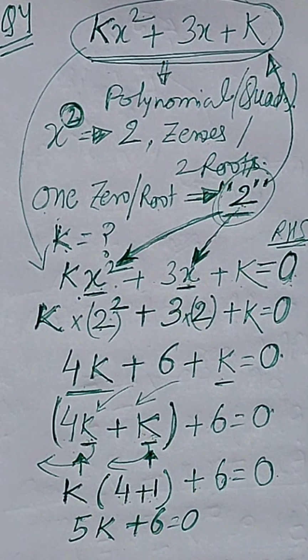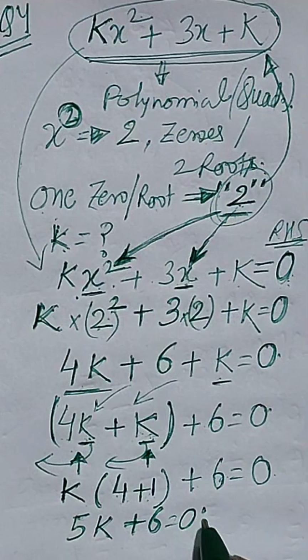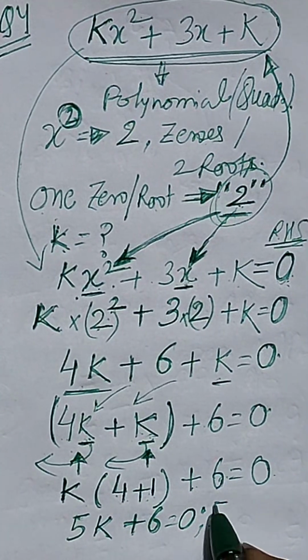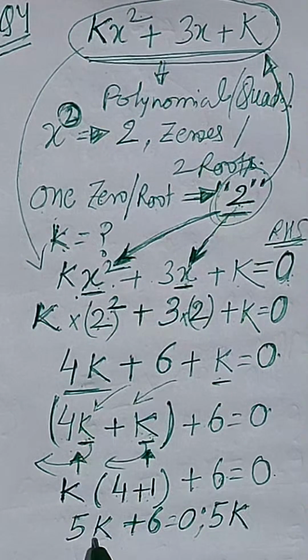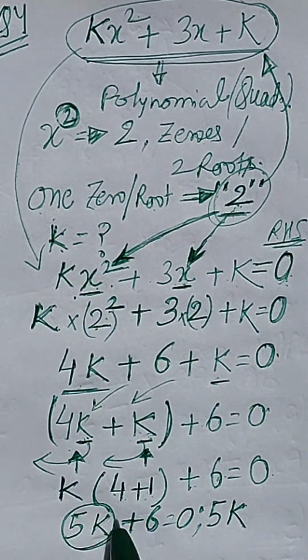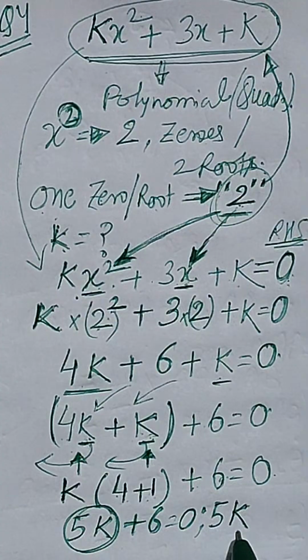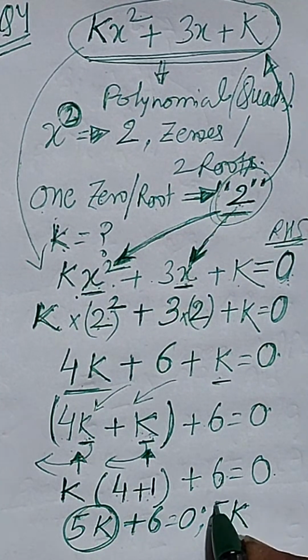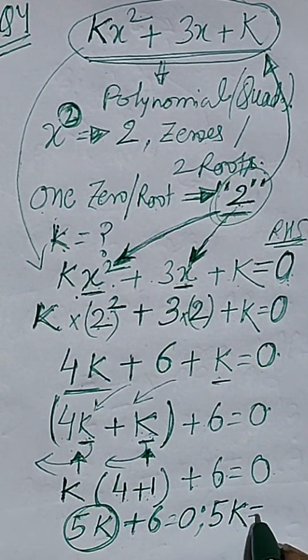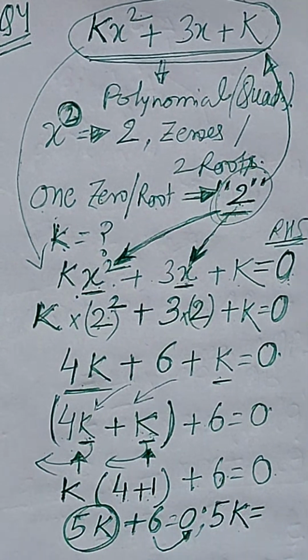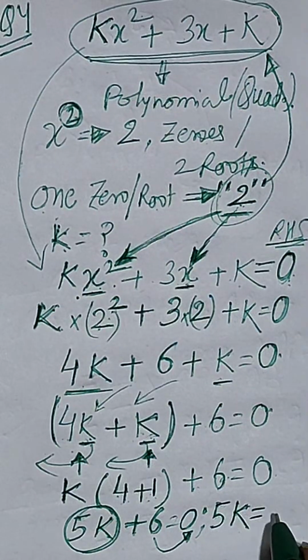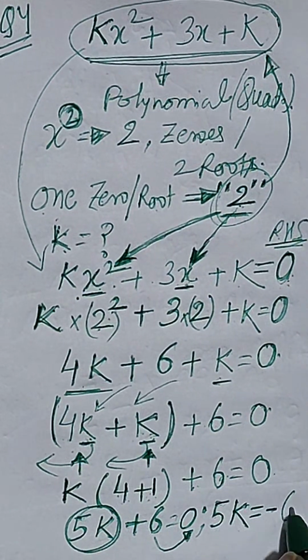So to find the value of the variable, we'll keep the term with the variable, this 5k, on the LHS. So that's why I left 5k. I've written 5k on the LHS and push this 6 from LHS to RHS, right? So this will become minus 6, right?